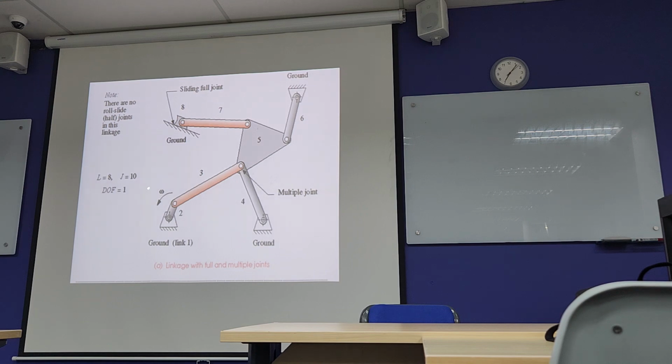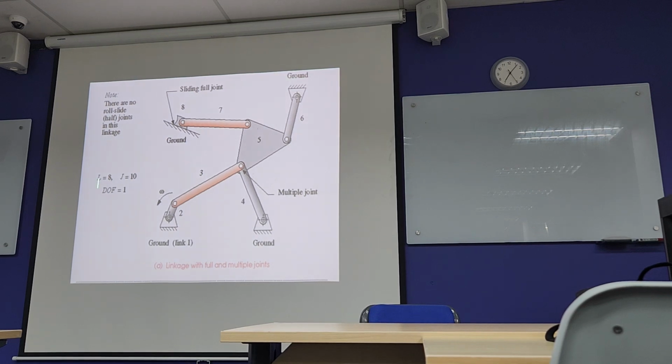So you can see there are 10 joints. Okay, 1, 2, how many here? 3, 4, 5, 6. There are 7, 8, 9, 10. So there are 10 joints here.